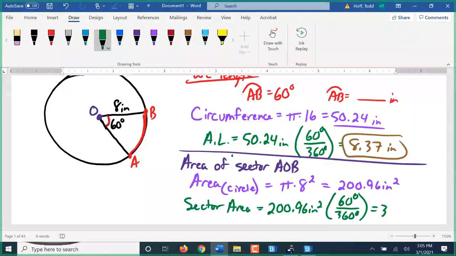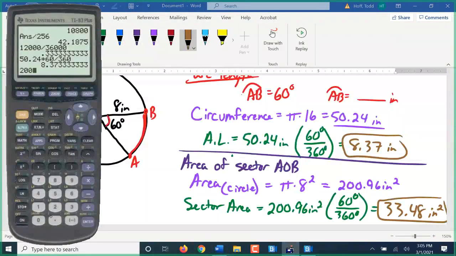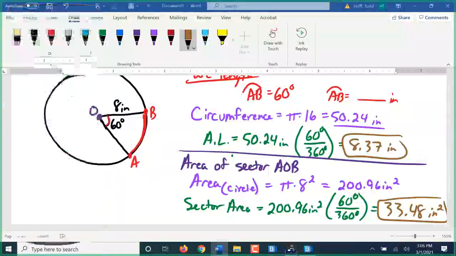So what does that end up being? 33.48, I believe, square inches. I'll double check that because it is late. It is 33.49. I'm going to touch up on my arrow.